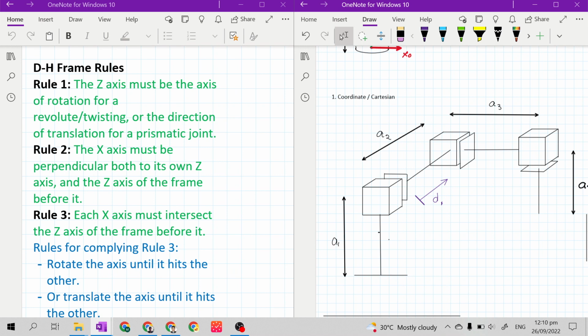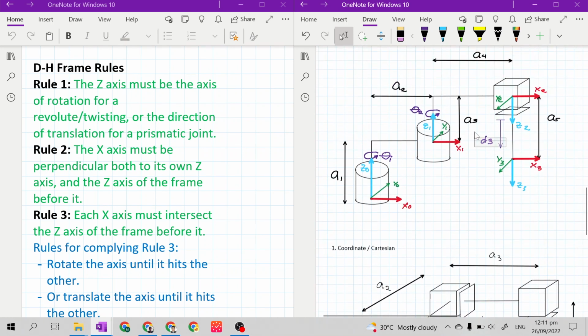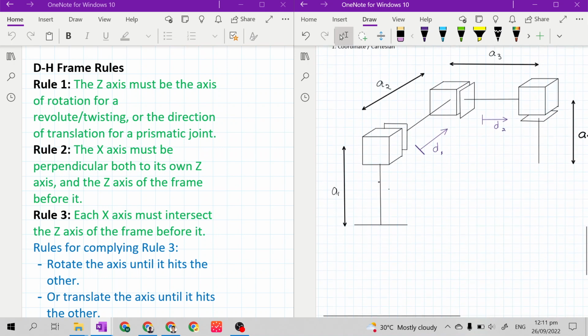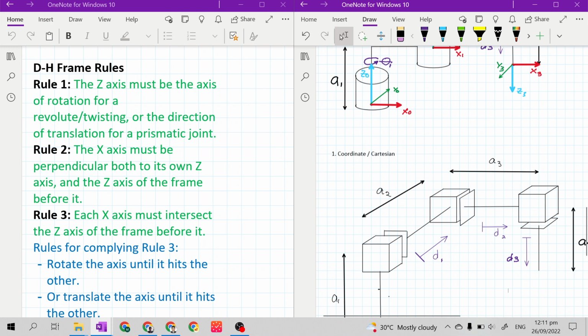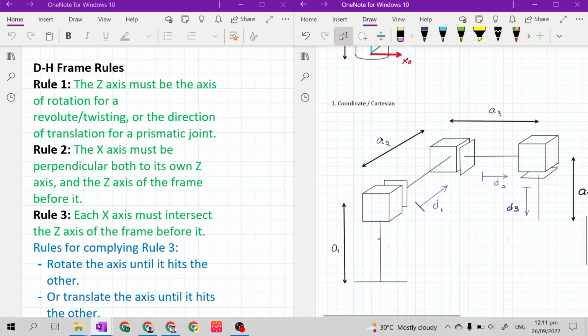Next is for D sub 2. Then lastly, D sub 3. Okay, so let's copy this from Scara for our D sub 3. Okay, so we have three prismatic joints. So we have three joint variables labeled as D.